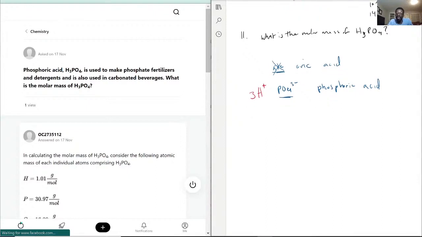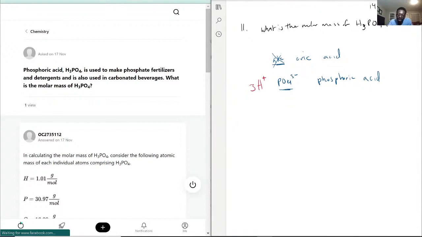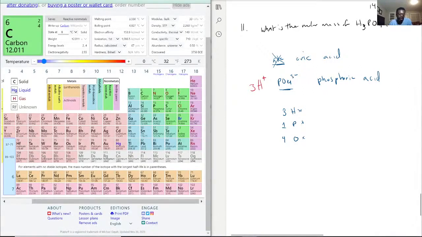So with that being said, now that we have that, we need to figure out the molar mass. So we need to just break it down as we've been doing. So we have 3 hydrogen, 1 phosphorus, and 4 oxygen, okay? And let's see here.